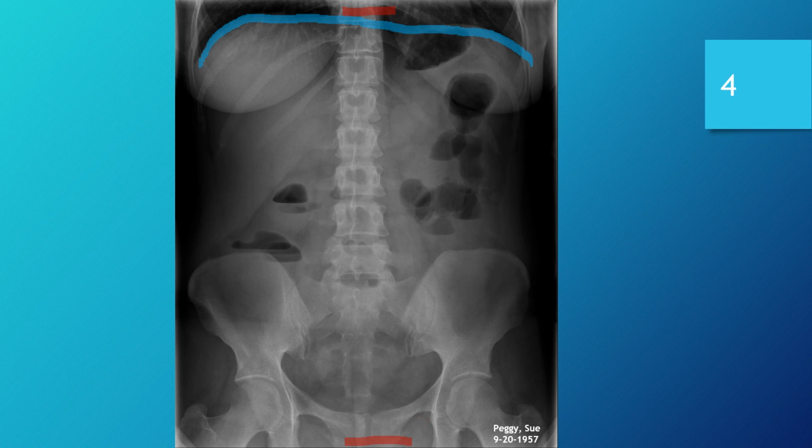Well, we'll throw our little reference lines up there. Sorry about that one. It is a bit crooked. All right, so with an upright abdomen, we do want to have about 2 inches above the iliac crest to ensure that we do get that diaphragm.